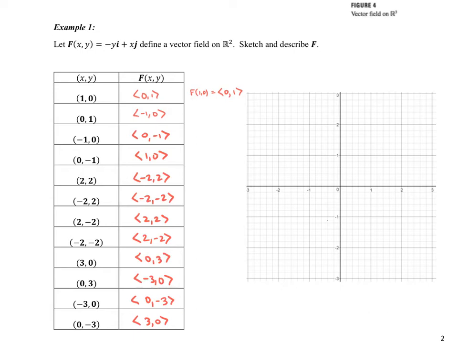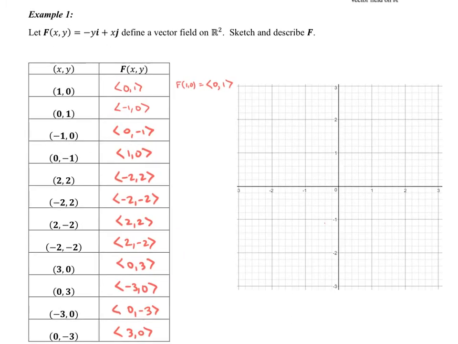Okay, let's take a look at our very first one. Our first one is 0, 1, that's our vector, and the ordered pair is 1, 0. So we go to our graph, we look at x is 1 and y is 0, and the vector is 0, 1. So we move 0 horizontally and then 1 vertically, and we have this particular vector, pointing in that direction.